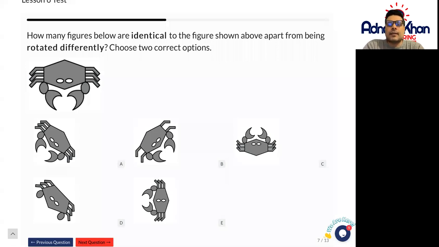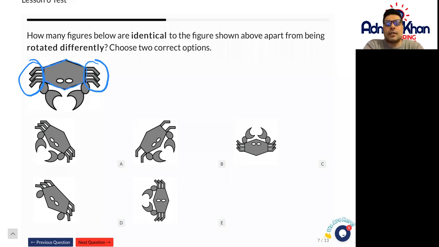So let's have a look at this particular crab first of all and identify some things. So first of all, we know that the crab has 3 of these and 3 of these. We also know that the crab has 1, 2, 3, 4, 5, 6 sides.